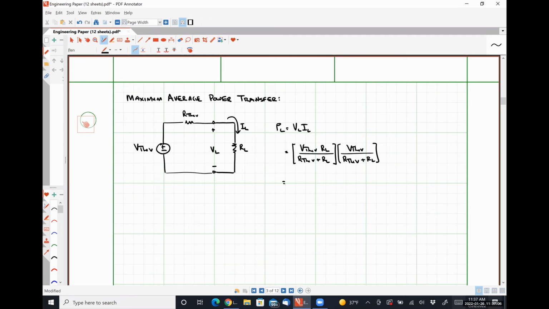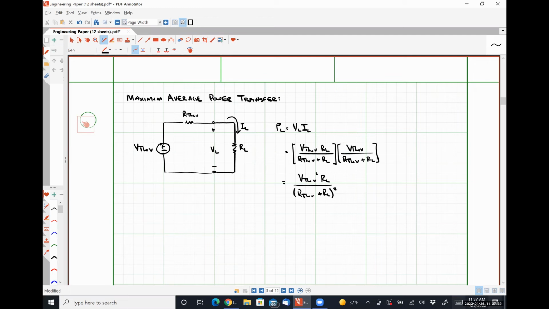And I can easily see then that I get a result of V Thevenin squared times RL divided by R Thevenin plus RL quantity squared. So this is generically what the power delivered to the load resistor in such a system would be, okay? Where we've replaced literally any linear network with its Thevenin equivalent.